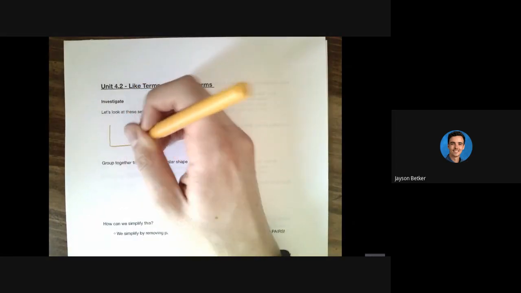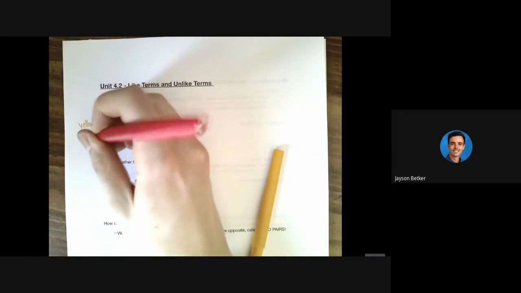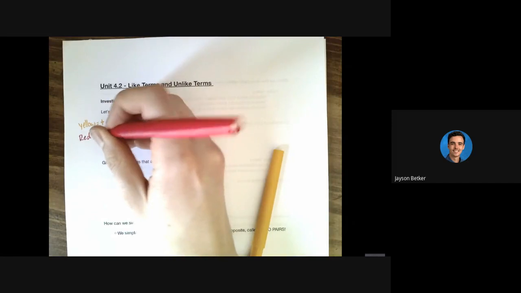So here's a collection of red and yellow algebra tiles. Let's say we've got one square here. Remember, yellow is positive, okay, and red is negative. All right, so red is negative, yellow is positive.